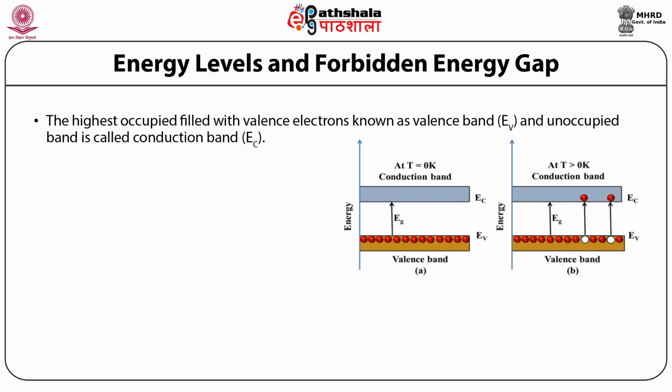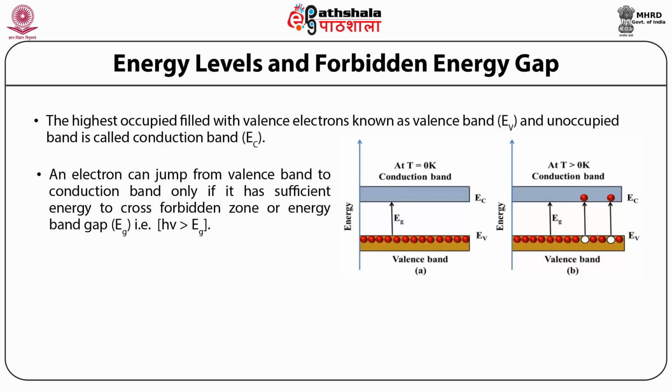It is evident from the figure that an electron can jump from the valence band to the conduction band only if it has sufficient energy to cross the forbidden zone, or the energy band gap, which is represented by Eg.